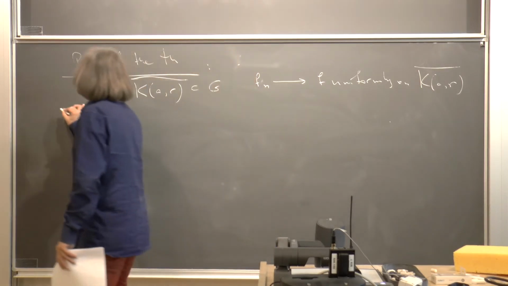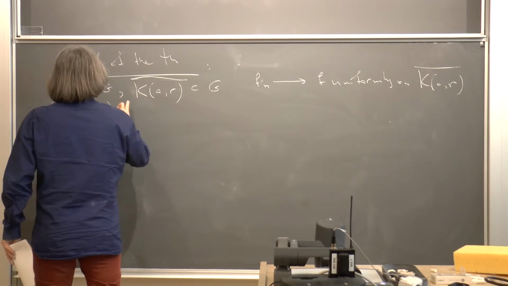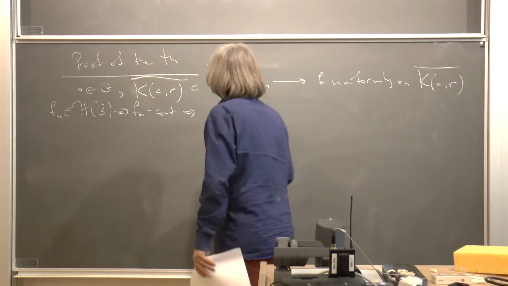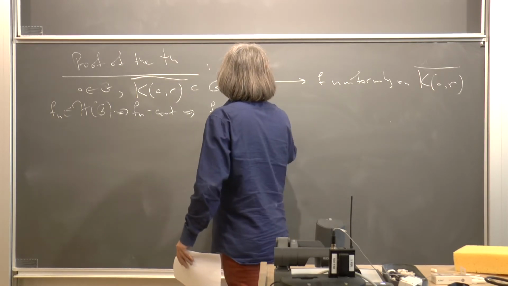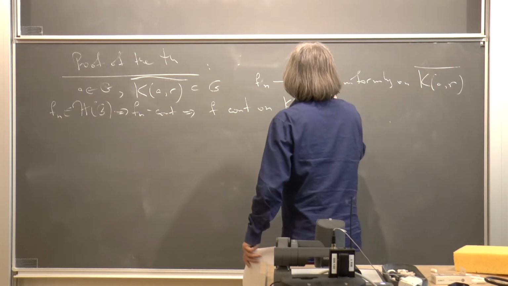So Fn are holomorphic, and then Fn is continuous, and then the limit, which is F, is continuous on the disk.